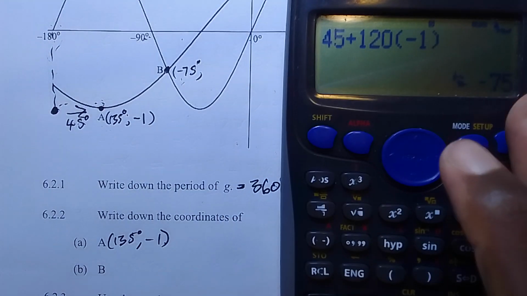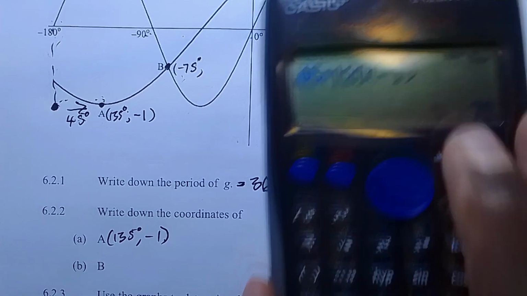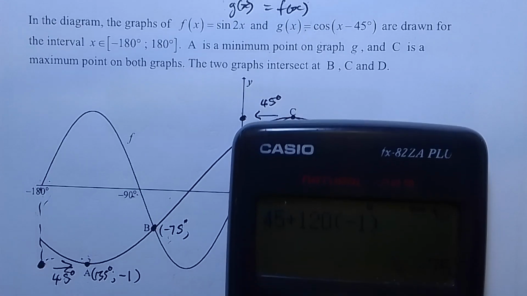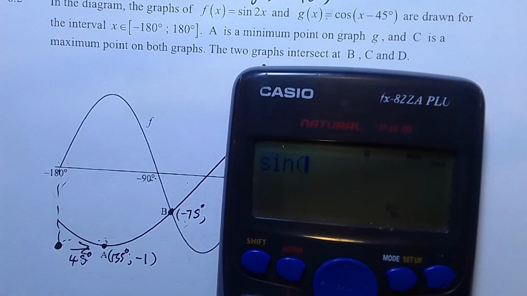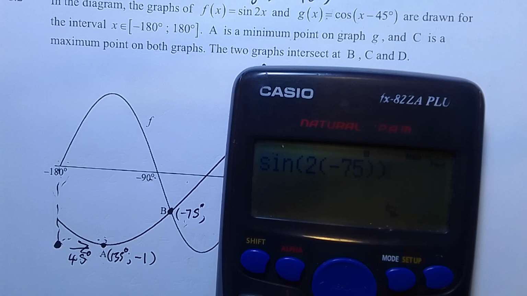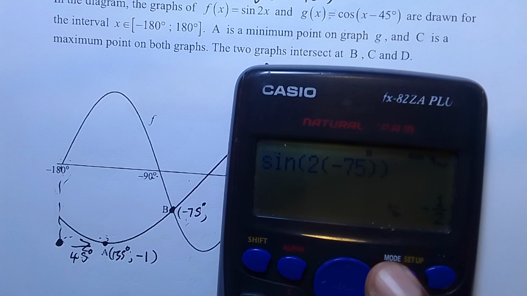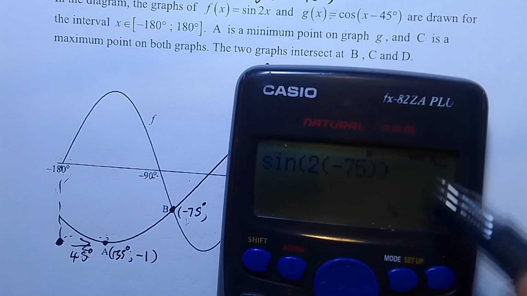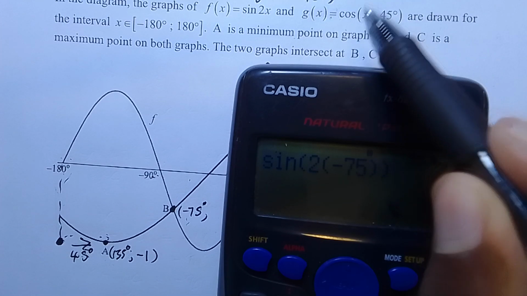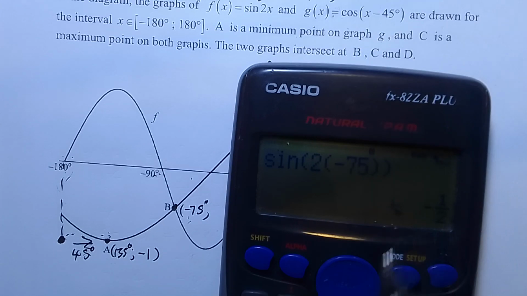Now what is y at B? To find y at B, you can substitute -75 into either of the two graphs. Let's substitute into both just to check. We have -75 into sin, and we get -1/2. If the answer -75 is correct, you should get the same answer, -1/2, when you substitute -75 into cos(x - 45).